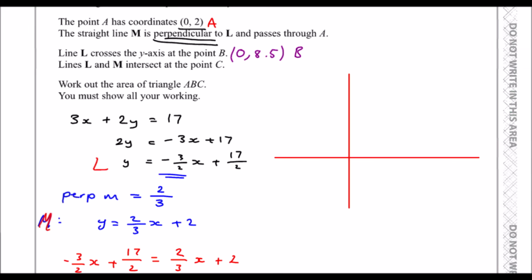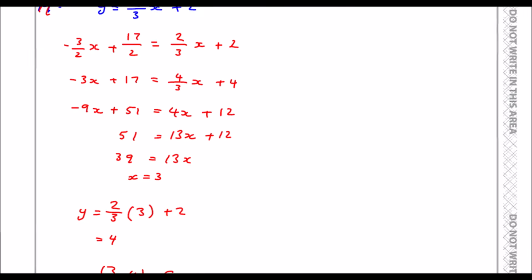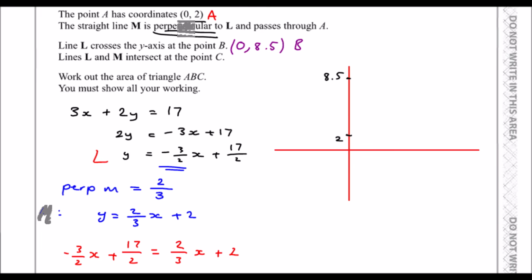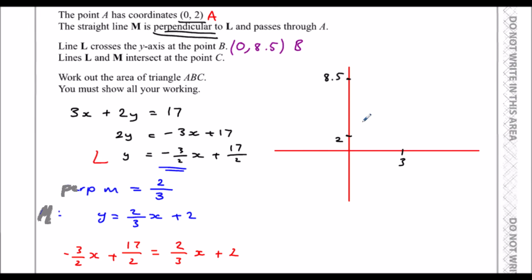So what do we have? We have the point 0, 2, 0, 8.5, and 3, 4. So this is our triangle that we need to work out the area of.